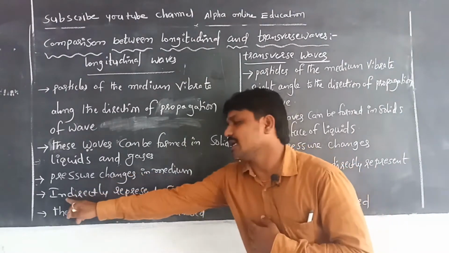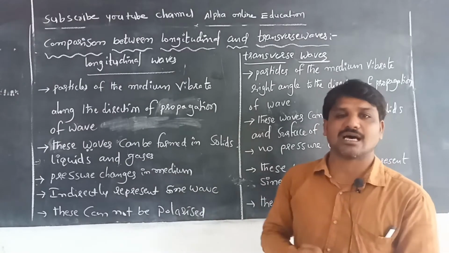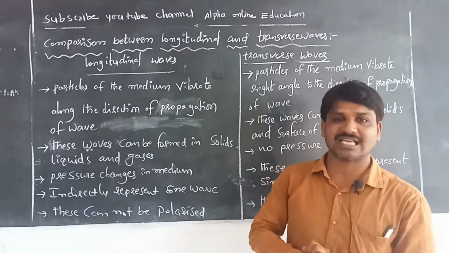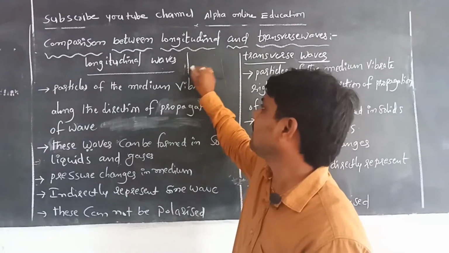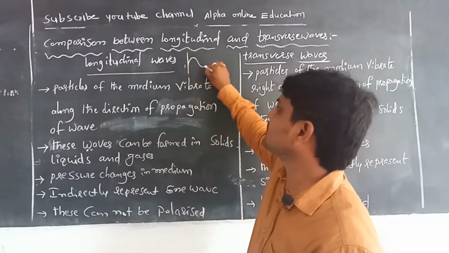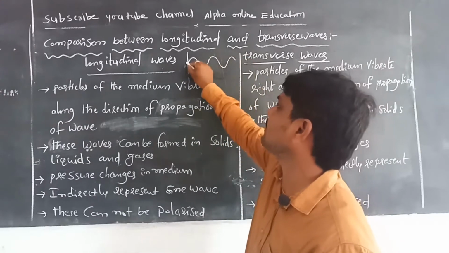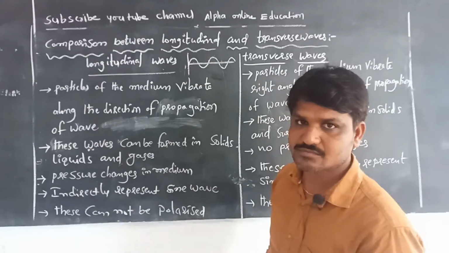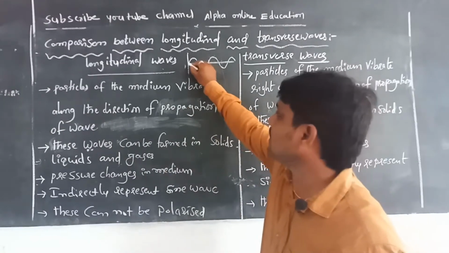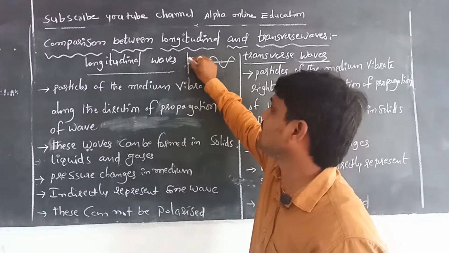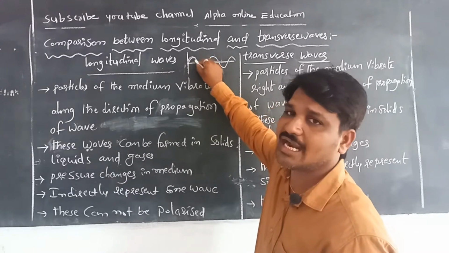Next, they indirectly represent the sine wave. We know what a sine wave is: whenever the waves are moving like this, it is called a sine wave. The point starts at the zero point and goes through the maximum and minimum distances.